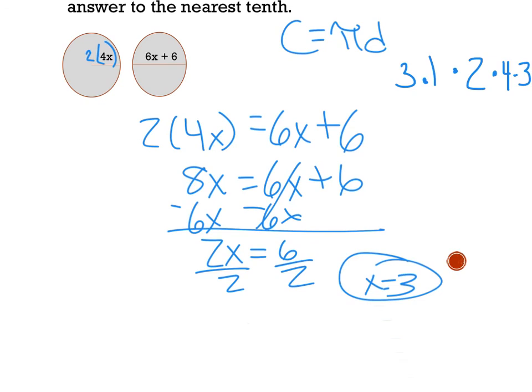So it would be 3.1 times 2 times 4 times 3. And you get 74.4.